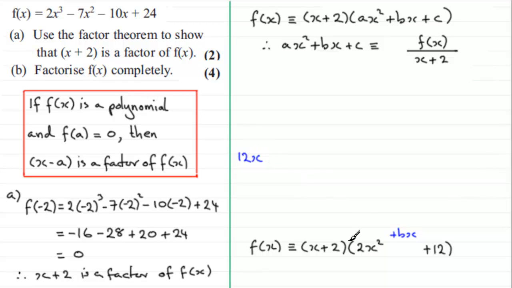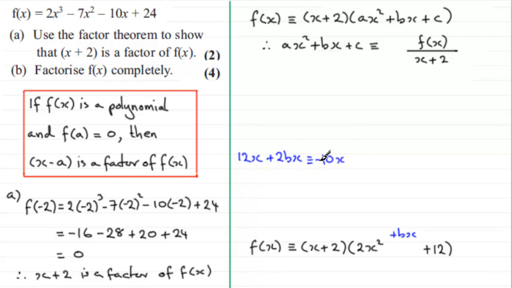We'd get another x term when we do 2 multiplied with the bx. So that would give us plus 2bx. And what we're hoping to get back is minus 10x. So this has got to be identical to minus 10x.